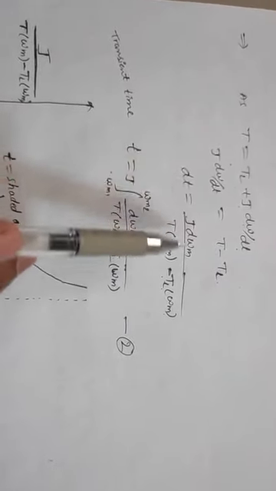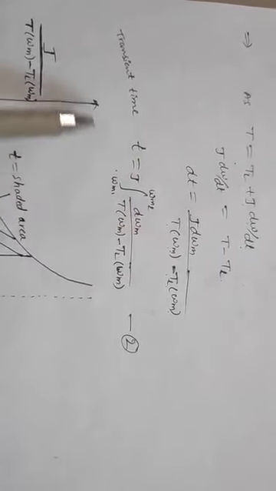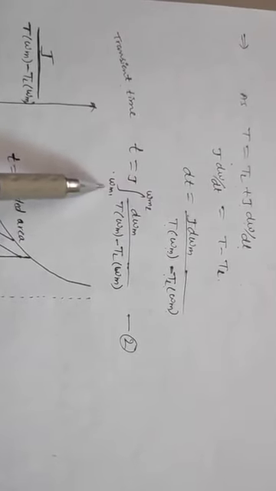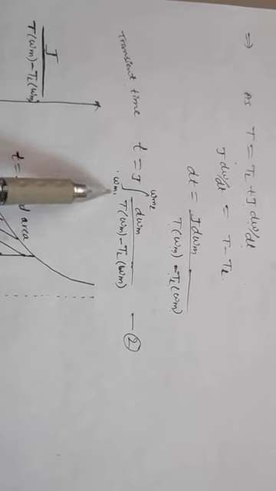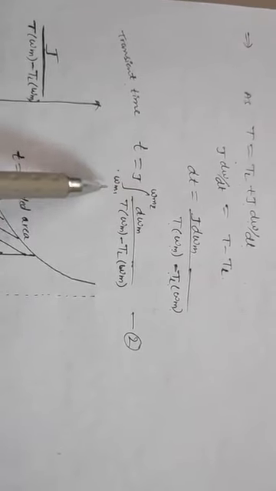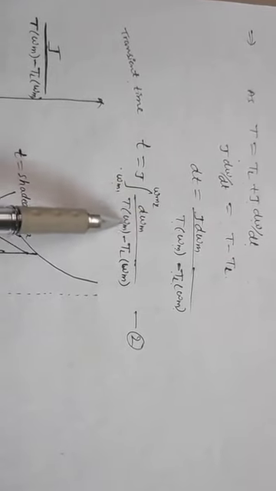By integrating on both sides of this equation, we can get the transient time. Transient time t is equal to J, which is constant, into the integral with limits omega m1 to omega m2, since speed is changing from omega m1 to omega m2, of d omega m by T of omega m minus TL of omega m.